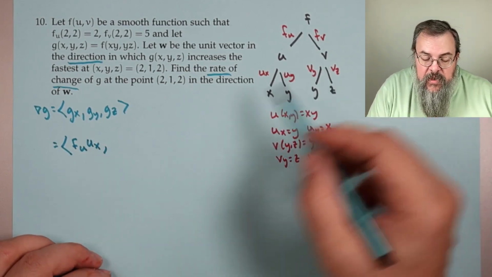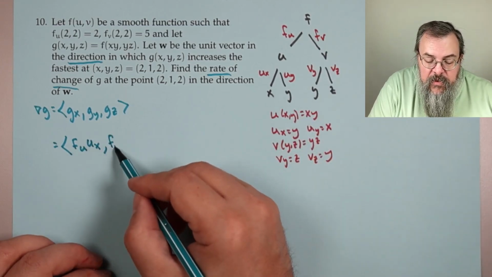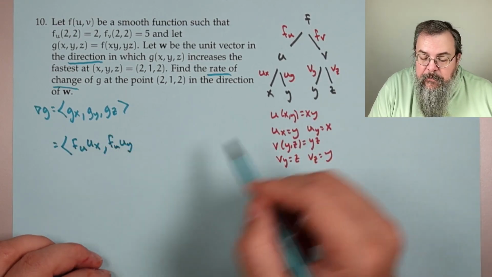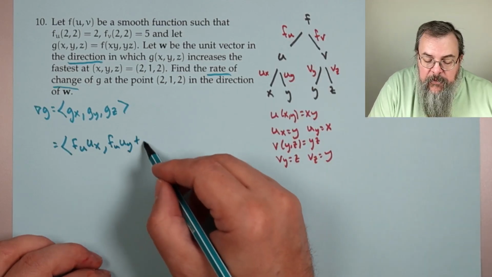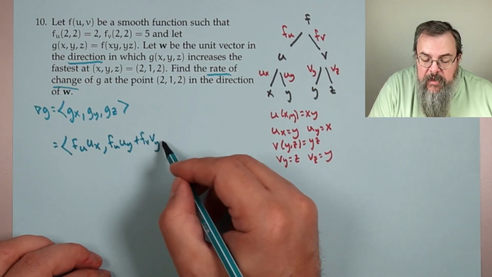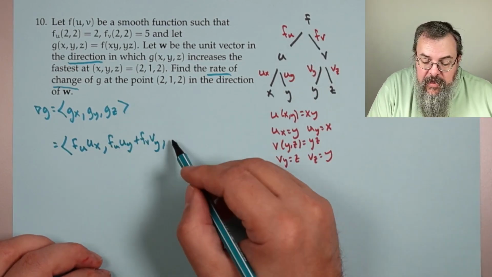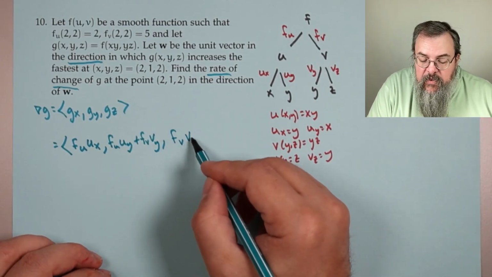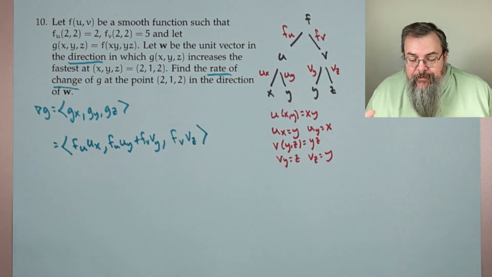Comma. g with respect to y shows up in two places: f sub u times u sub y, and then an f sub v times v sub y. And then for z, there's only one, f sub v times v sub z. Now, that's just generic.